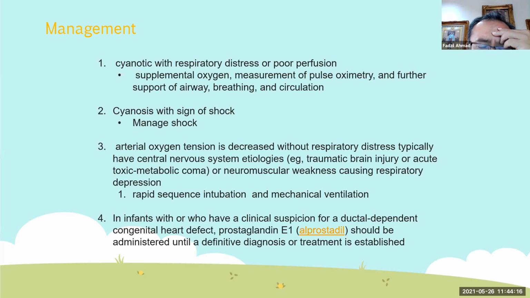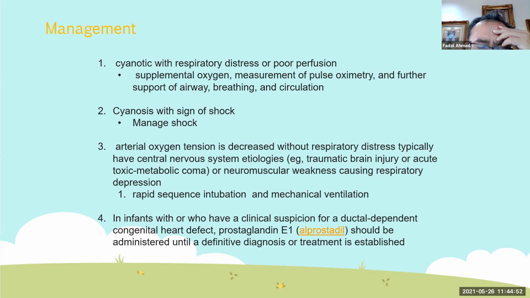With transposition of the great arteries, what happens is that during delivery, during physiological changes, the right side and left side didn't mix together, and the baby is going to die because during intrauterine life, oxygen comes from the umbilical placenta or umbilical vein, but post-delivery, oxygen comes from the lung.